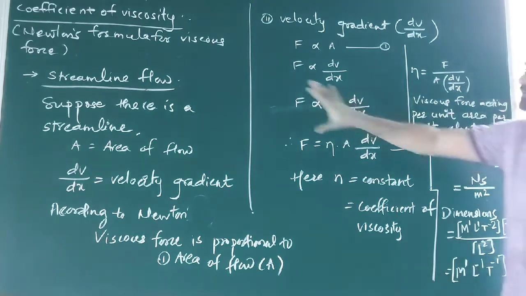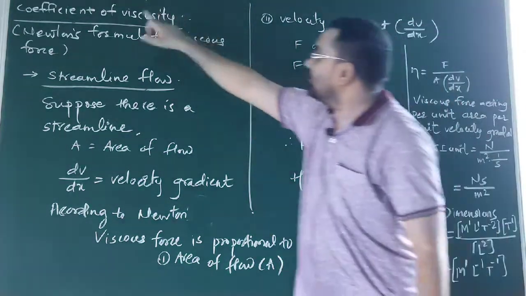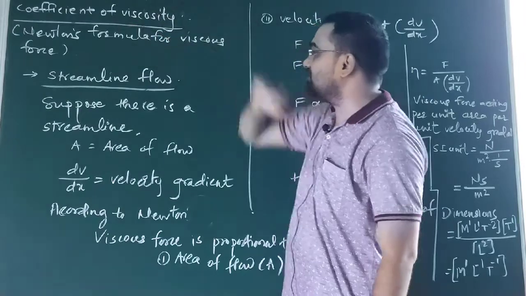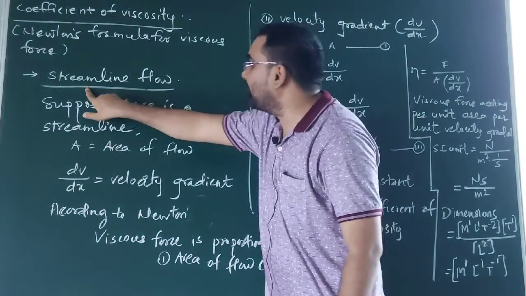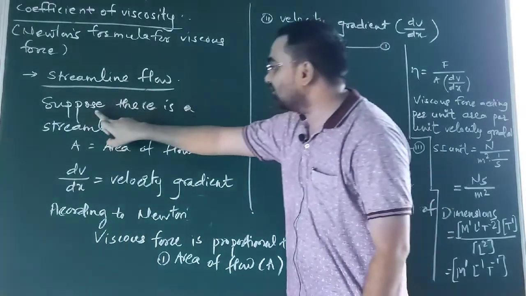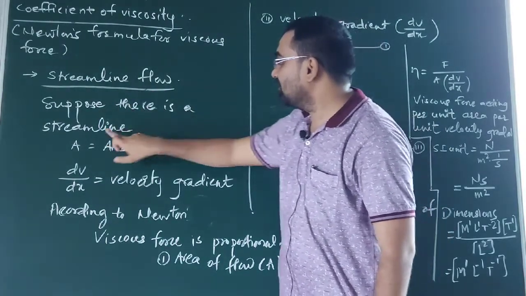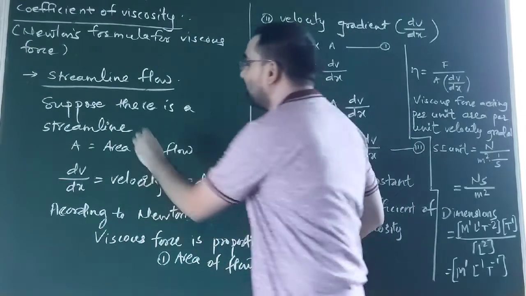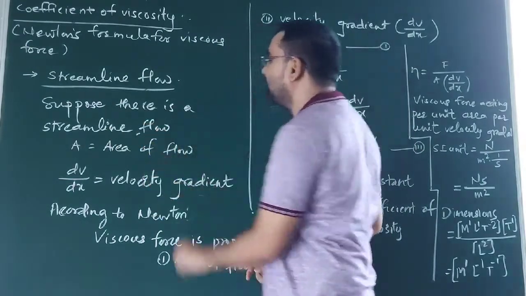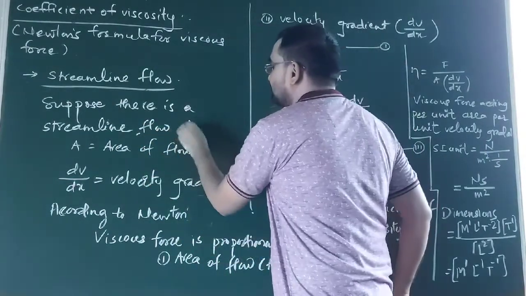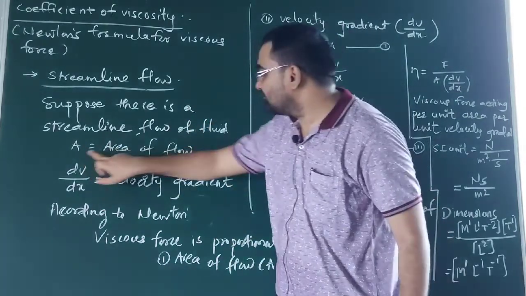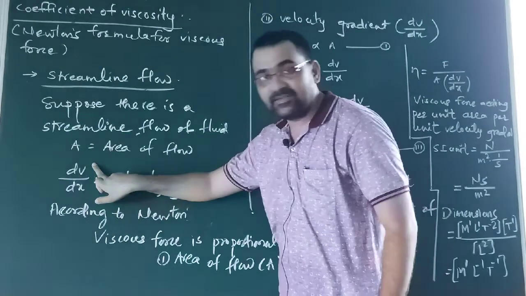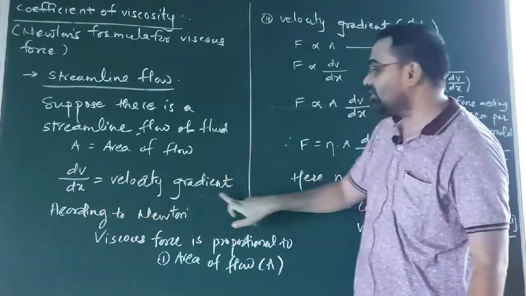So what we have learned, in short, I will just revise. We have started with viscous force and coefficient of viscosity. First thing, it is strictly valid for only streamline flow. We have considered a liquid in the form of streamline flow, where A is the area of that flow and dV by dx is the velocity gradient of that flow.